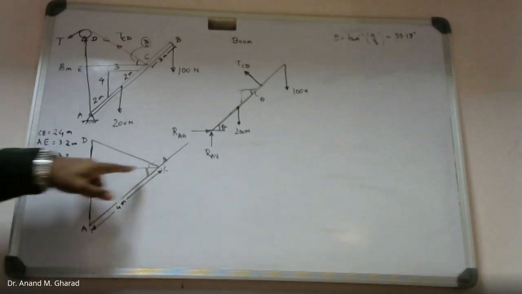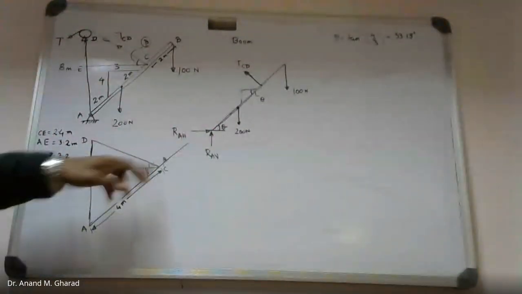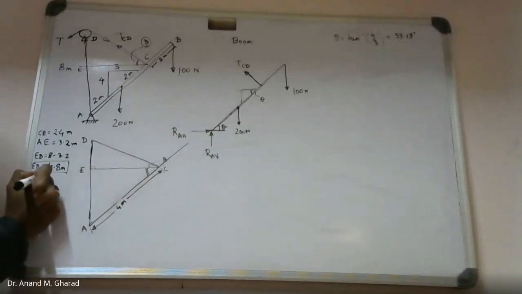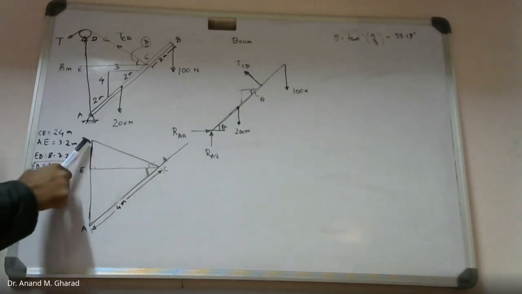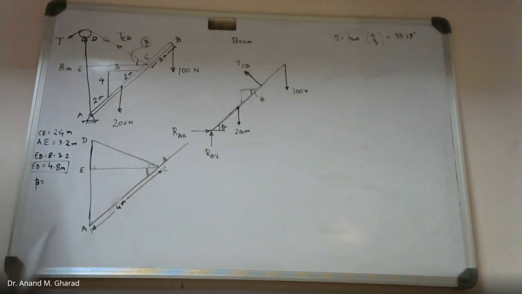right? From here, can I not calculate the beta value? It will be very simple. Tan inverse of ED by CE.